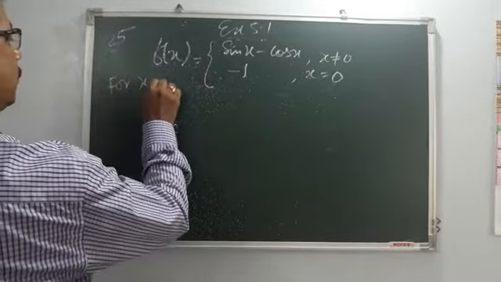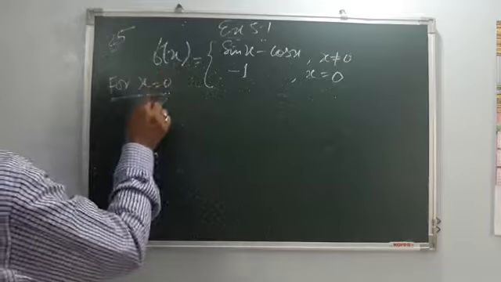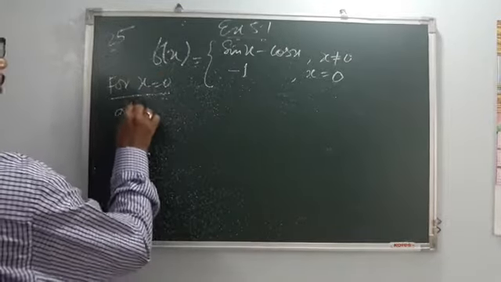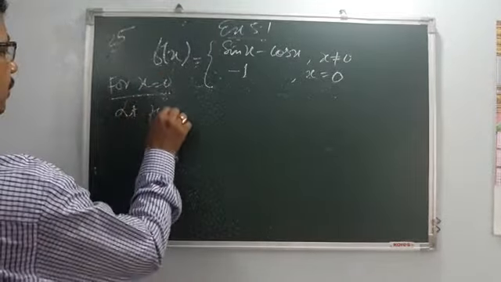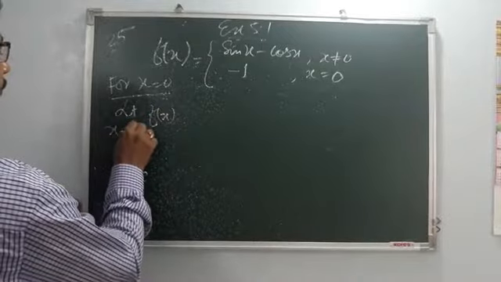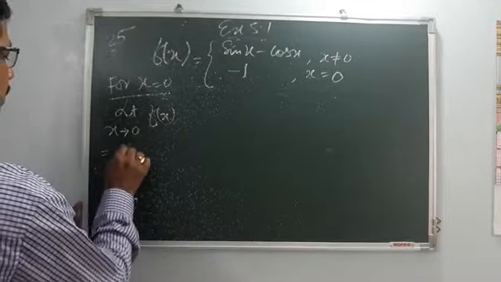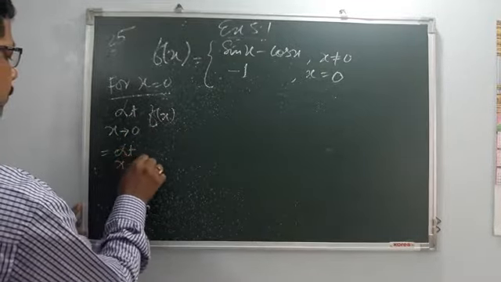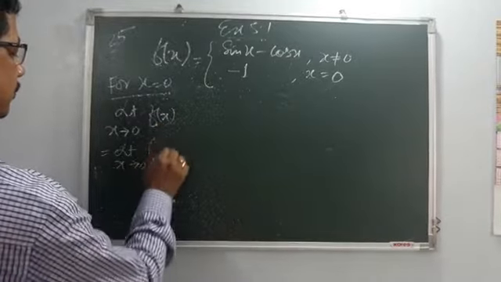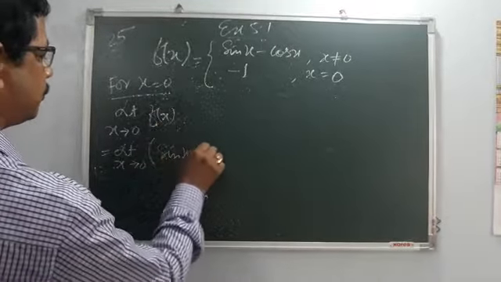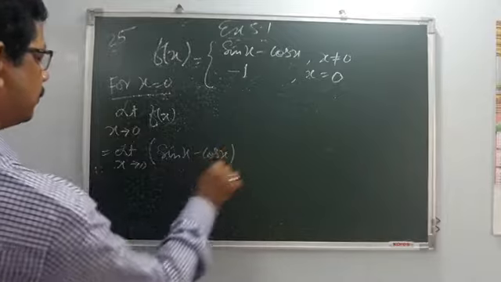So for x equal to 0, limit f(x), x tends to 0, it will be limit x tends to 0 of sin x minus cos x.